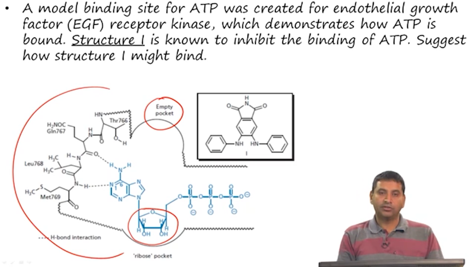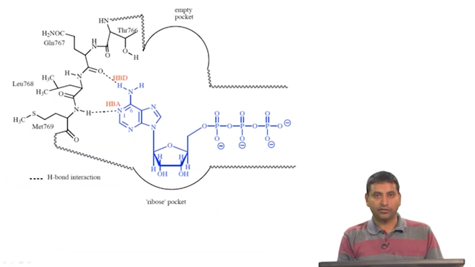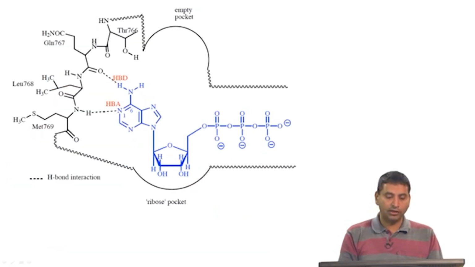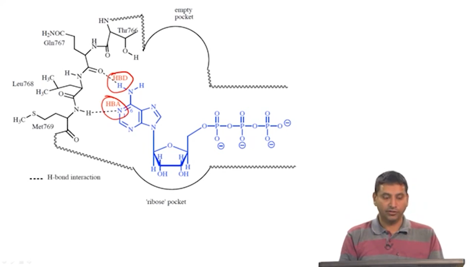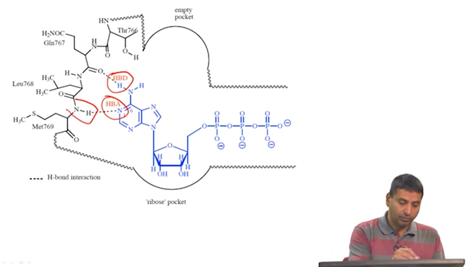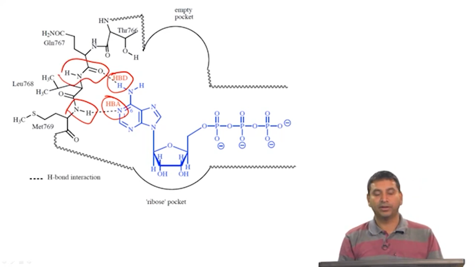So, in order to address this question, since we already have the structure of the ATP bound to the protein pocket, we will be able to suggest some important interactions. If we look at the molecule, there is a hydrogen bond donor over here and there is a hydrogen bond acceptor over here in this nitrogen, and correspondingly the hydrogen bond donor and hydrogen bond acceptor is shown over here, right.